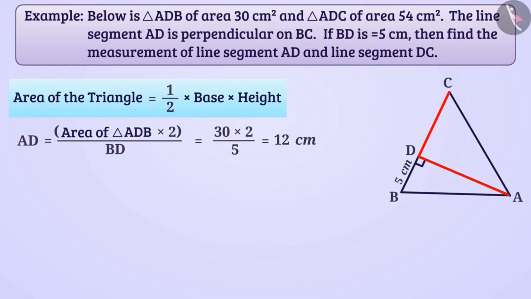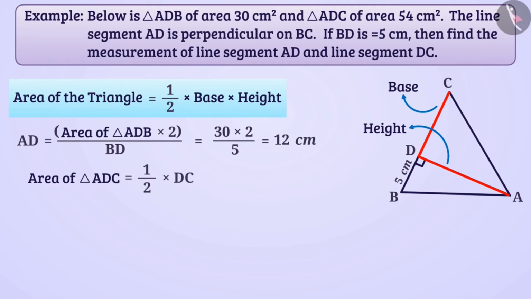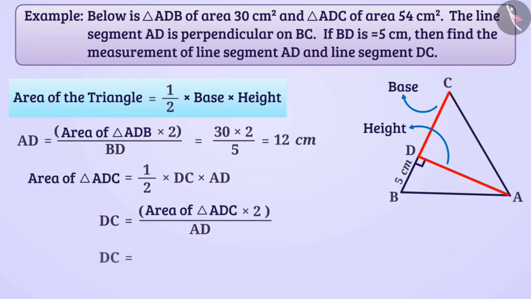Let's consider side DC as base and AD as height in triangle ADC. We can write the area of triangle ADC is equal to half multiplied by DC multiplied by AD. Therefore, DC is equal to area of triangle ADC multiplied by 2 divided by AD, which is equal to 54 multiplied by 2 divided by 12 centimeter. In this way, we will get DC is equal to 9 centimeter.